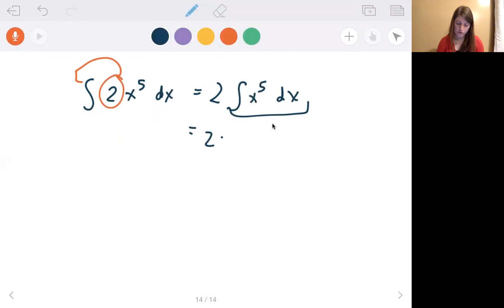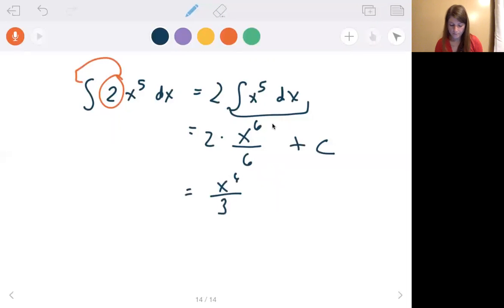So power rule says we'll add 1, becomes our new exponent, and we divide by that. So this becomes x to the 6th over 3, oops, sorry guys. So we're just simplifying that fraction and then cleaning that guy up. So if we reverse this and differentiate, we should get back our integrand.